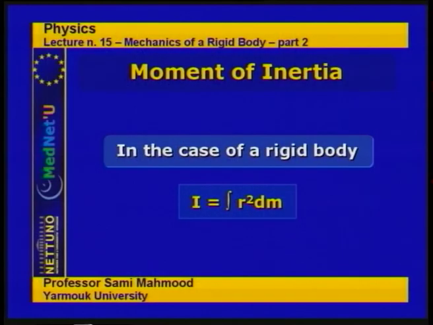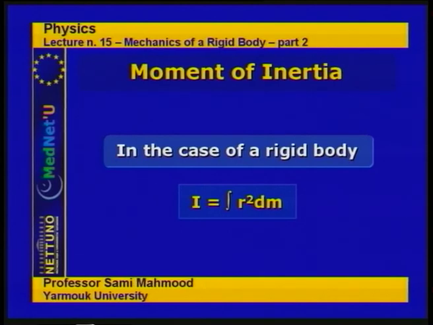In the usual sense, because we are dealing with a continuous distribution of matter, the moment of inertia for a rigid body is defined as the integral of r squared dm, where dm is the mass of a particle around a point in the body, which is a perpendicular distance r from the axis of rotation.